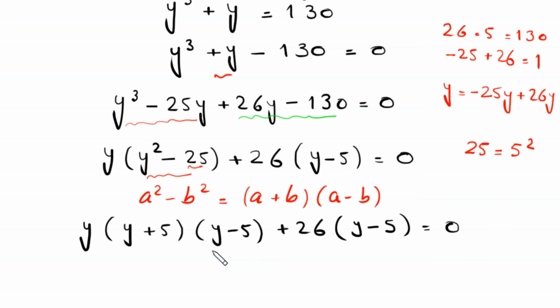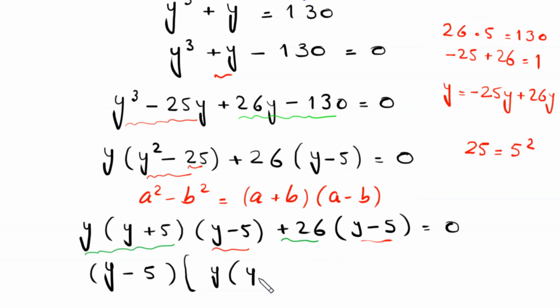Now this expression y minus 5 is common, so we factor out this y minus 5, and in bracket left we have y times y plus 5, plus 26.